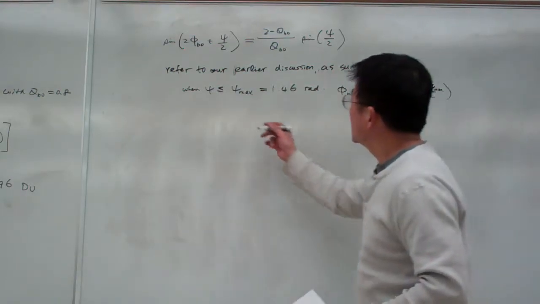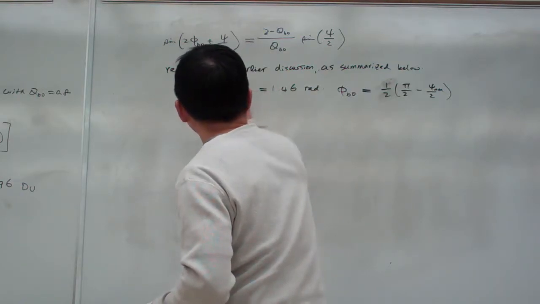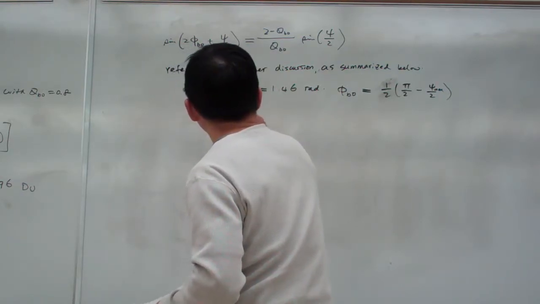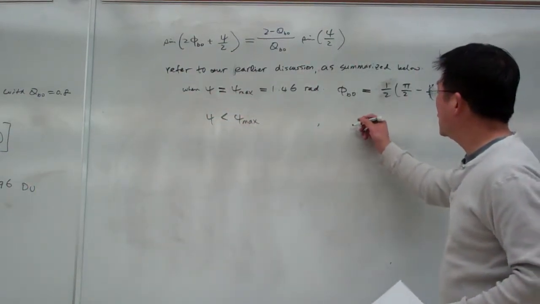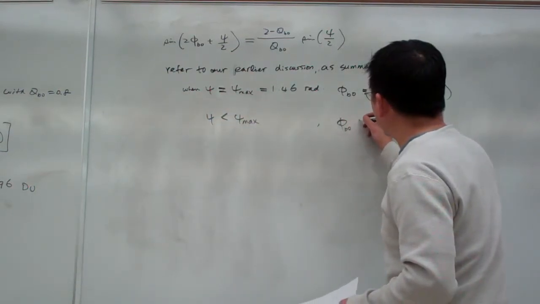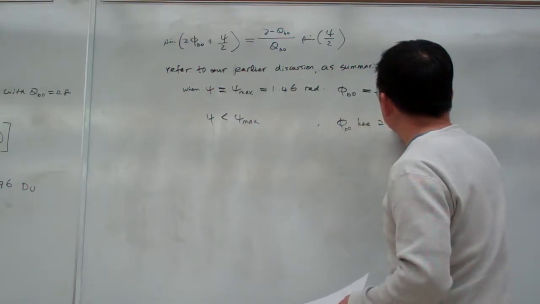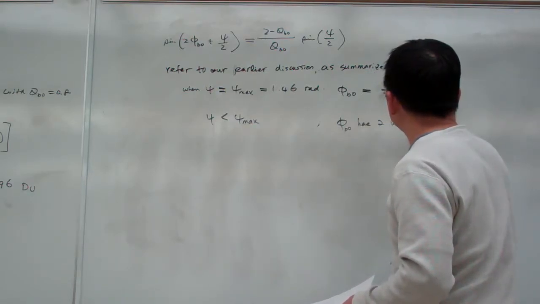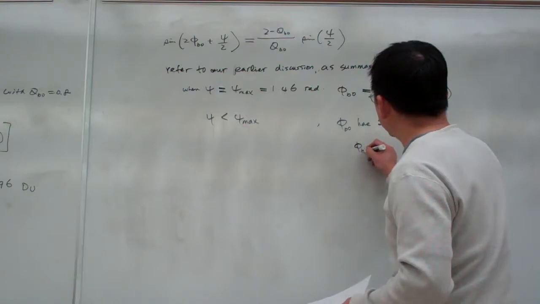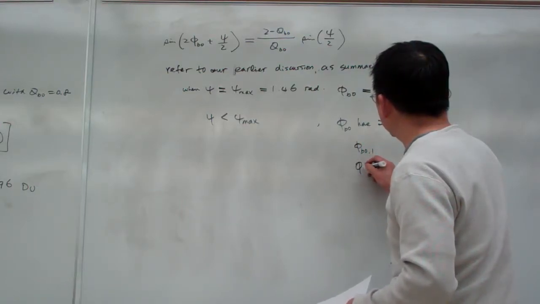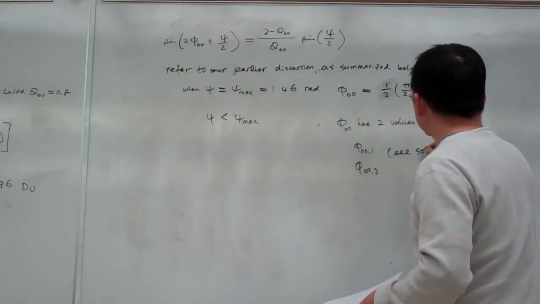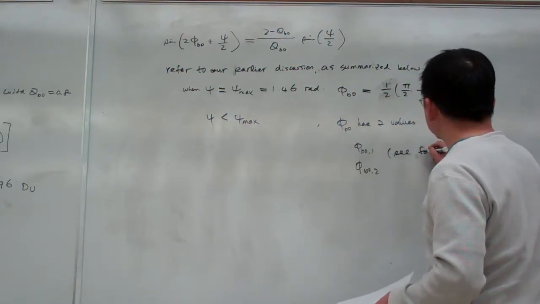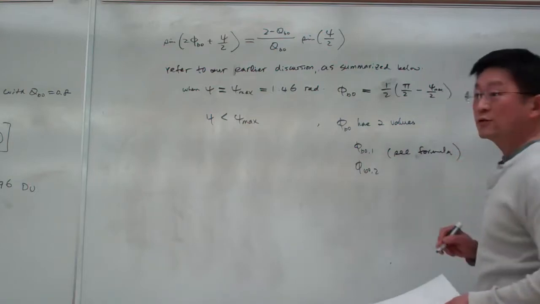Okay, so when this is equal, then VBO has two values, VBO1 and VBO2, and I would say see the solutions, see the formulas, to save time.